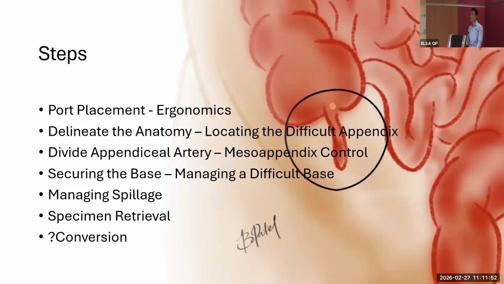With port placement, it's really about what port placements are going to give you the best ergonomics. You need to delineate anatomy. It's really about trying to find the appendix when you have a difficult case. How to divide the appendiceal artery is about different ways to tackle the mesoappendix, as well as how to secure the base in a difficult case.